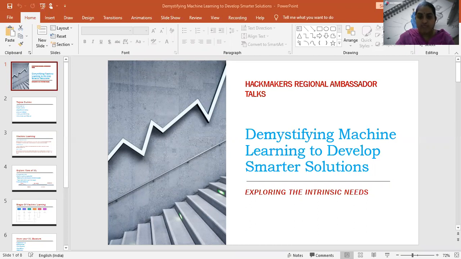Today I have come up with the most prominent topic, titled Demystifying Machine Learning to Develop Smarter Solutions, wherein we will explore all the implicit needs one requires to know before working on real-time machine learning solutions. Now let's come to our topic outline.